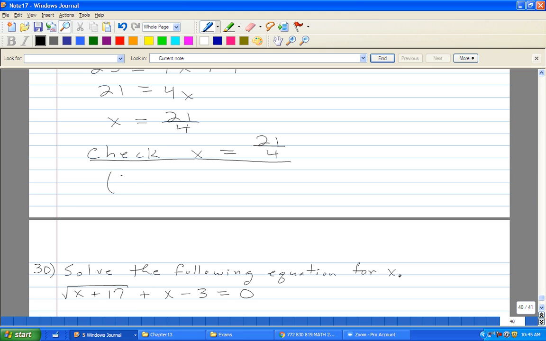So I have here, let's replace x by 21 over 4 minus 3. Is that equal to 1 minus, substitute for x, 21 over 4 plus 1.